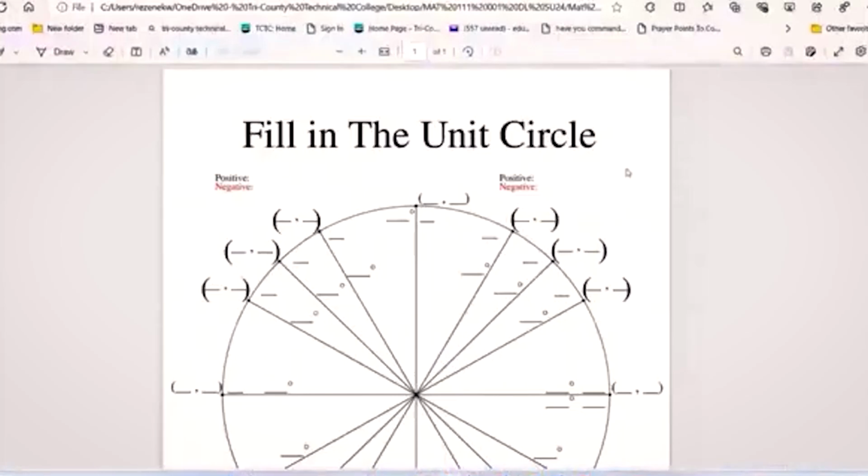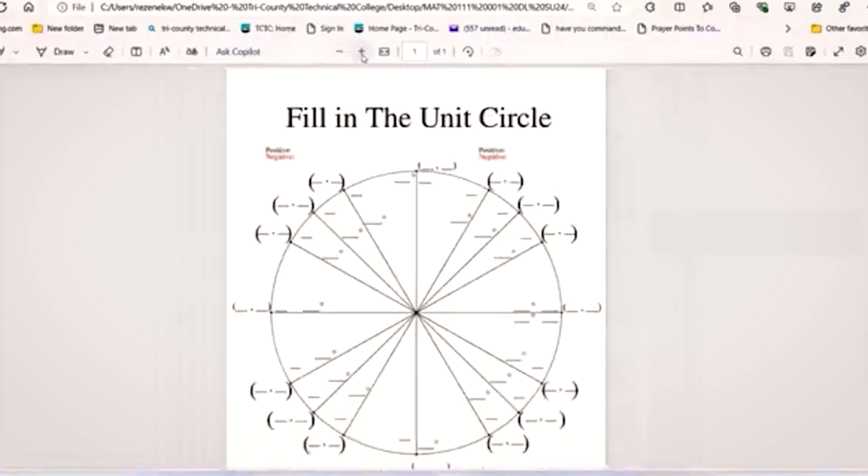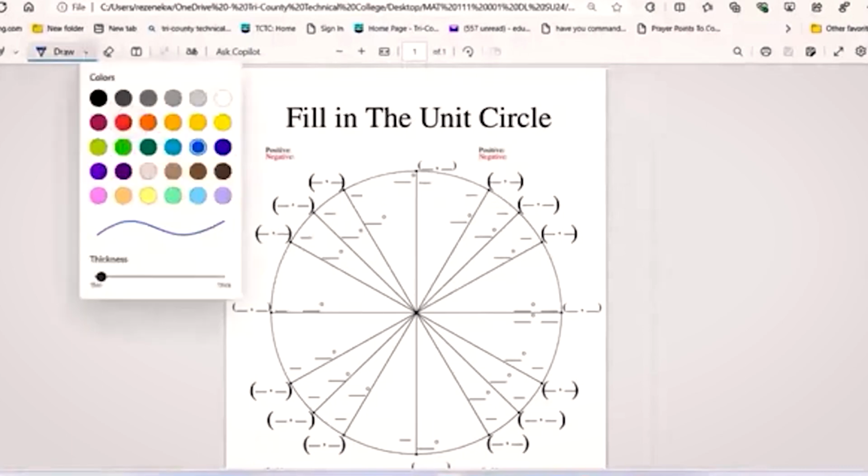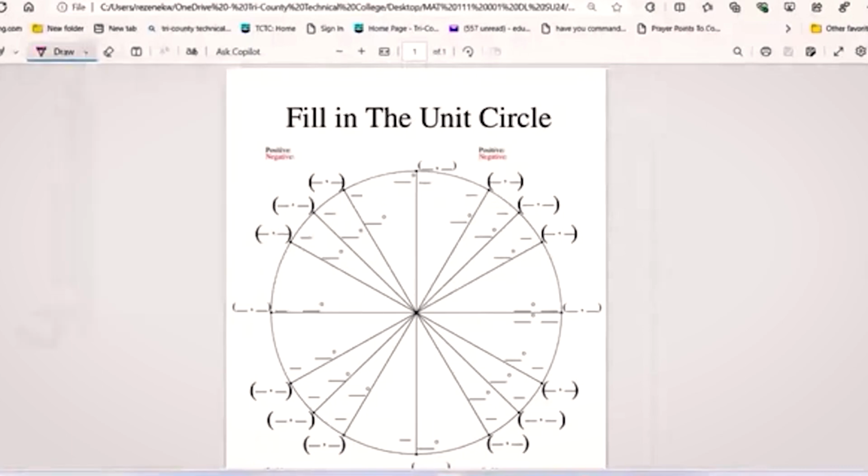This is my blank unit circle. I can make it bigger if I want to, but let me place the special angles we already calculated on the first quadrant. So this is 0 degrees.